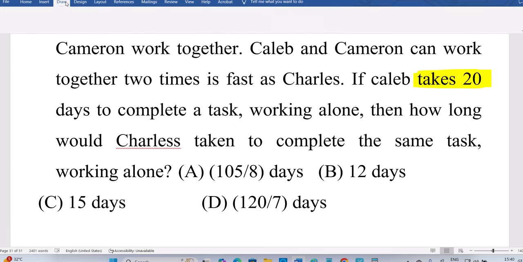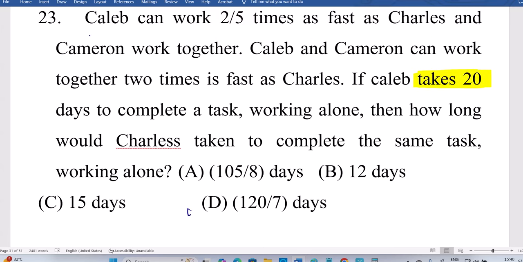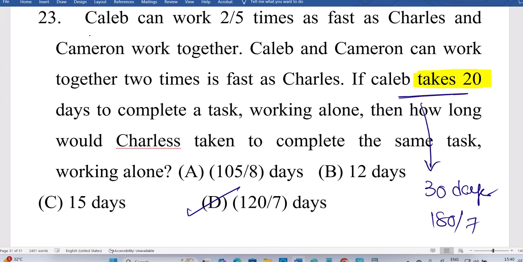If it is 20, I think answer is 120 by 7. But they are giving 30 days, then answer will be 180 by 7. There is one more question, same question they are taking, but in this line, they are giving 30 days. Then answer will be 180 divided by 7. We have to check once. But they are changing the values.